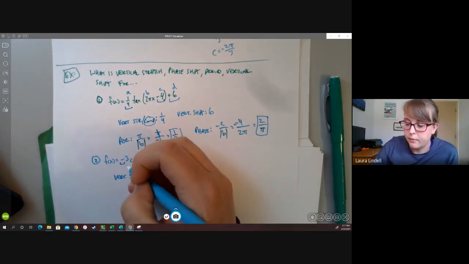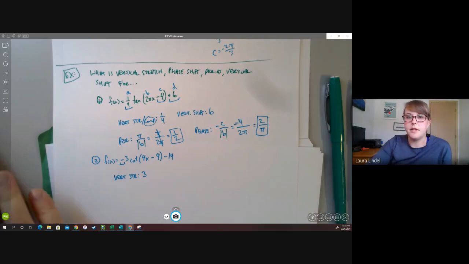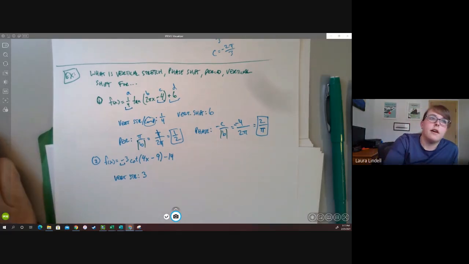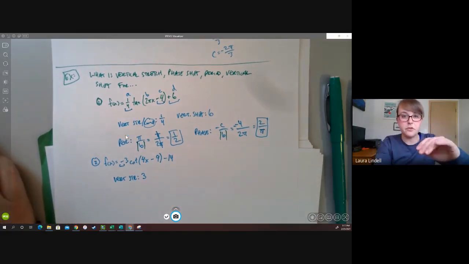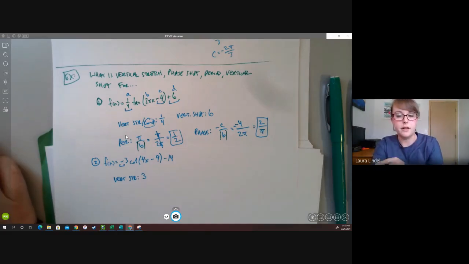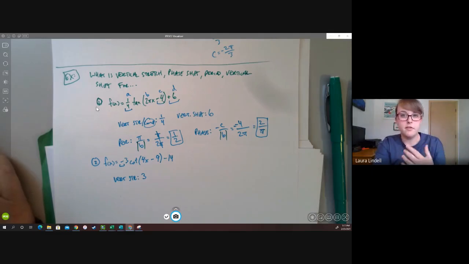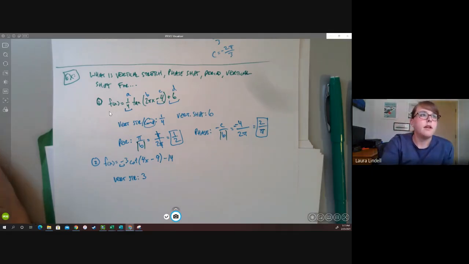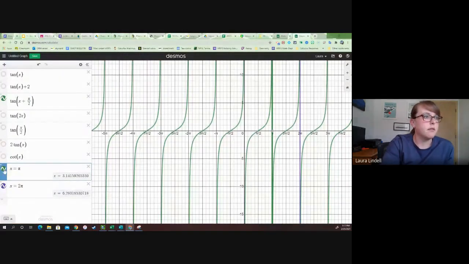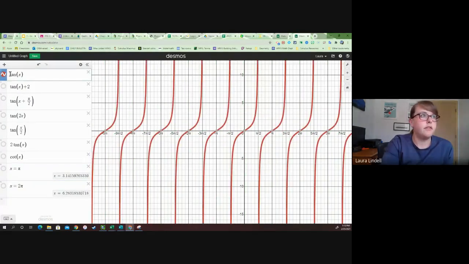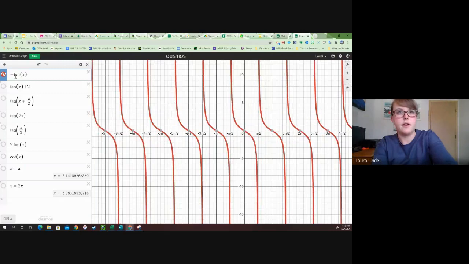Let's take a look at what that looks like graph-wise. And you can always, just to make sure that you've got all of these things labeled correctly, type this function into a graph to double check that it is what you think it is. Well, let's take a look real quick at what happens if we have tangent of x versus negative tangent of x. So it reflects it, right?